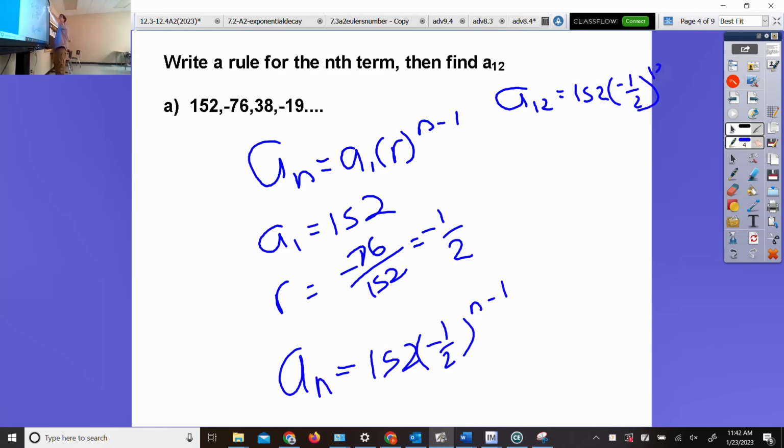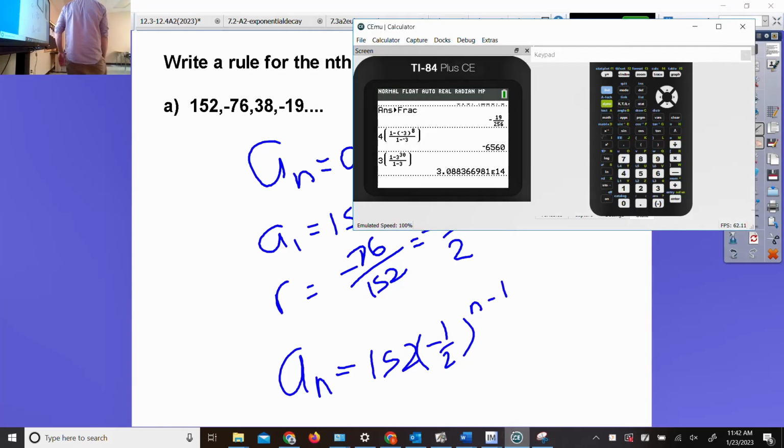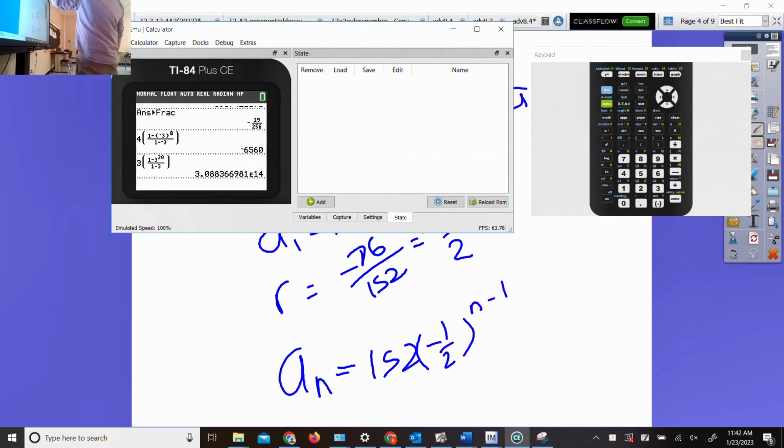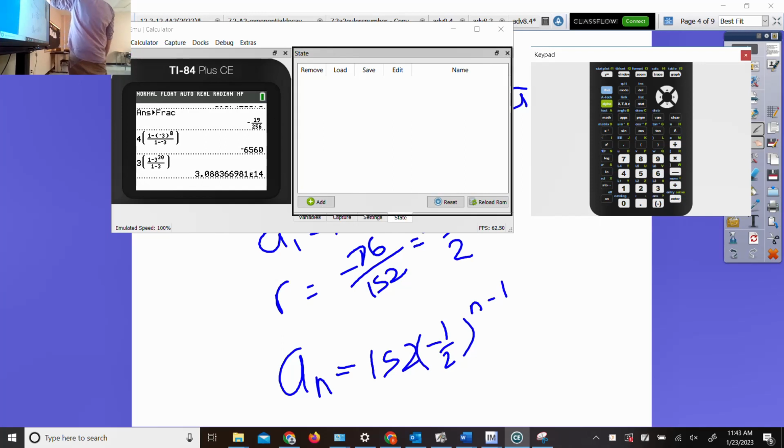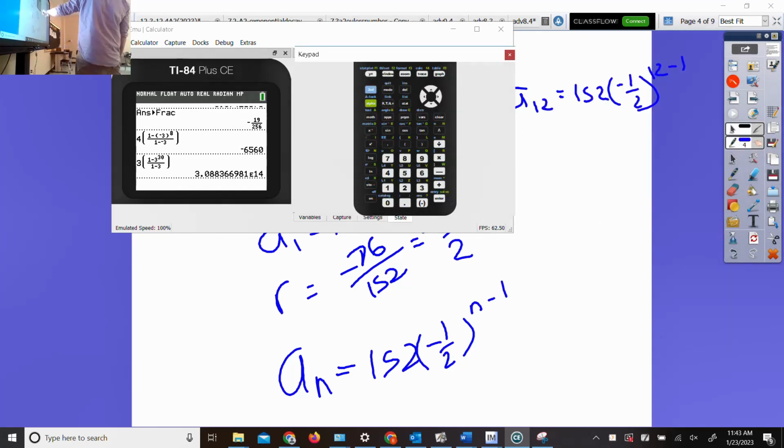If you don't know what 12 minus 1 is, no one cares, because you can literally type that in a calculator. And you should do this, because we're not going to return a decimal. I'll return a decimal if you have to. 152, -1/2, exponent, 12 minus 1.